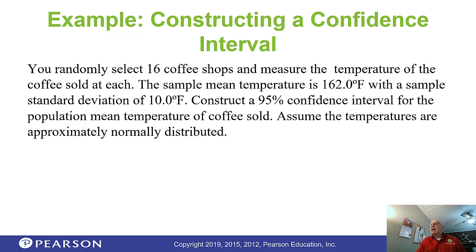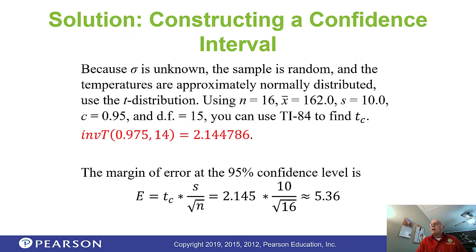First of all, you need to take that 95% confidence interval. You need to get the critical value of t first. So you can use inverse t or your t table to get that value. That's t sub c.